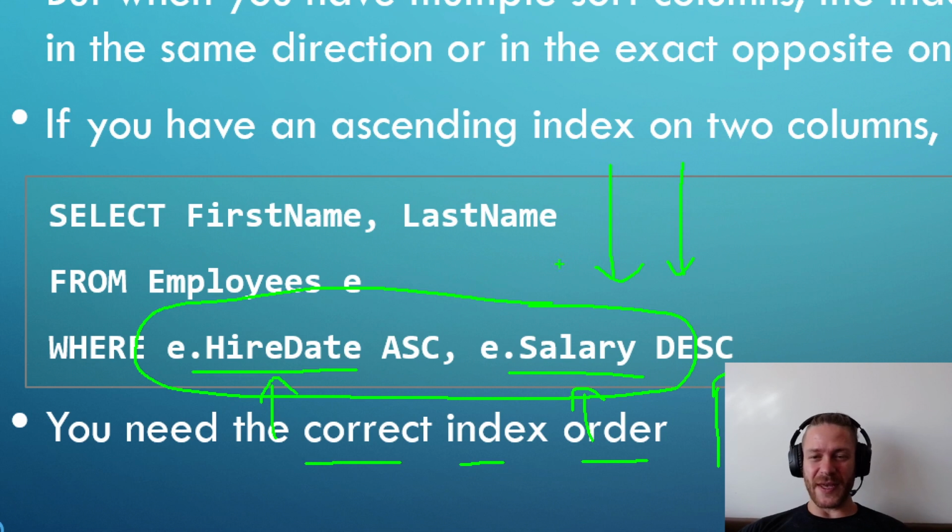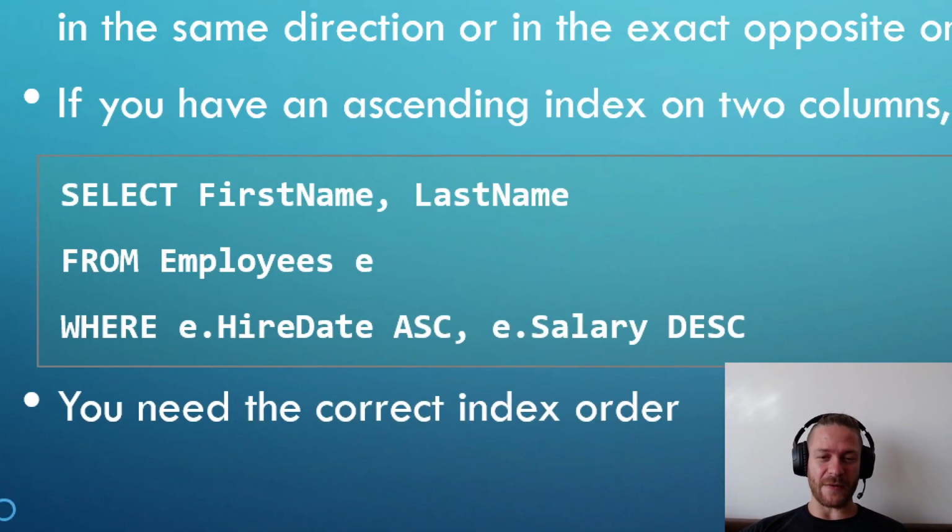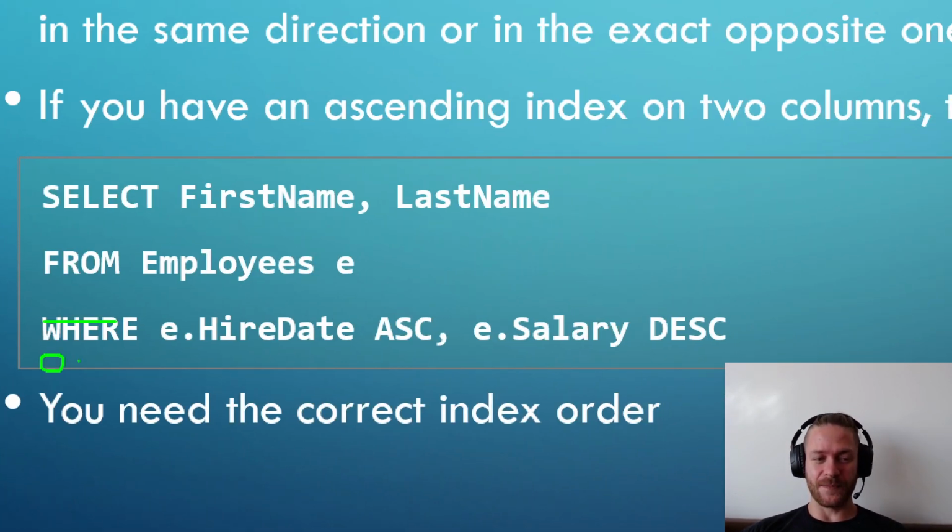Even though the data is already sorted on the first column, the second column still needs to be sorted because it's not sorted correctly compared to the first column. So if we have multiple order bys, we need to have the correct sorting orders in our index.